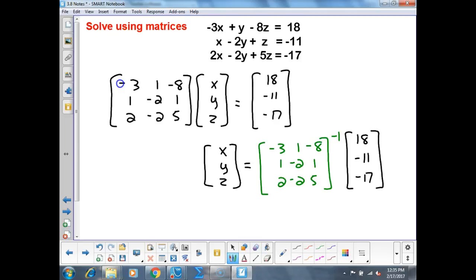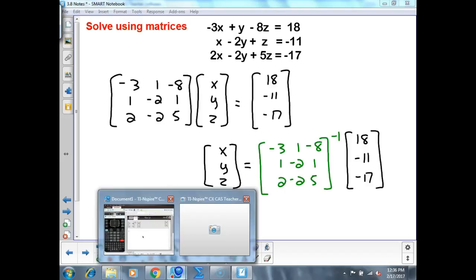Right? Okay. So type that into the calculator. Write this down again. Negative 3, 1, negative 8, 1, negative 2, 1, 2, negative 2, 5, 18, negative 11, negative 17.